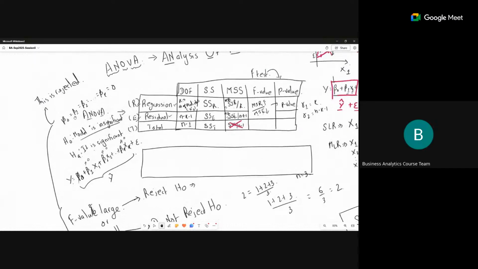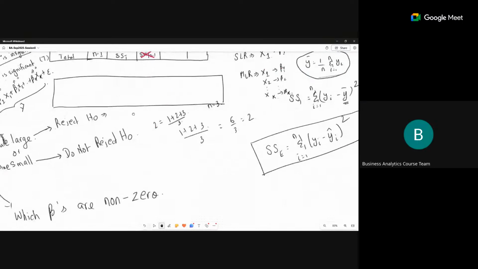Because this statement says all betas are zero. And when you reject it, you could reject it even if one of them is non-zero, or if some of them are non-zero, or if all of them are non-zero, you will still end up rejecting the null hypothesis because your statement is all of them are zero. So the next question is, which betas in your model are non-zero, right?